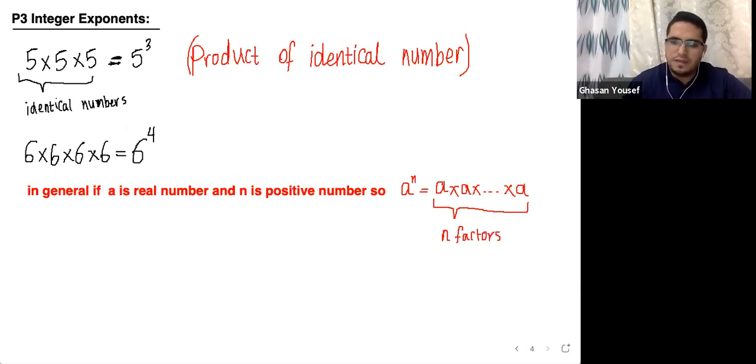I mean, I have to multiply this number A n times by itself.